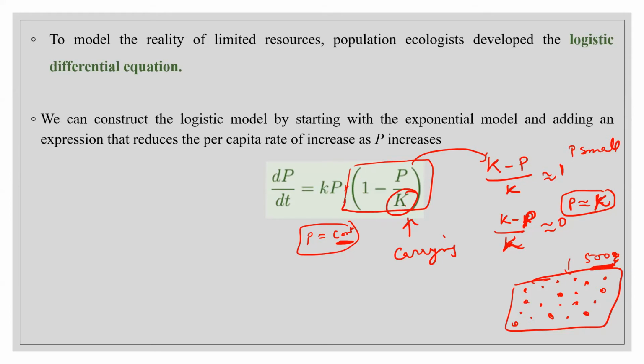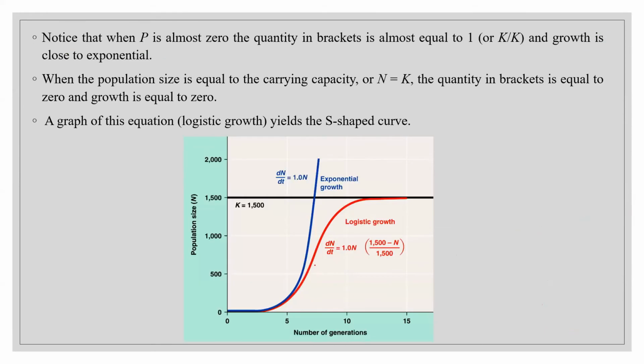So if you see the graph of this logistic growth model, this blue one is for exponential growth and this red one is for logistic growth. You can see that initially when the population was small, it was like exponential growth only. But as the population starts increasing, the growth rate becomes slow, and now it is limiting at this point, because I have set my carrying capacity as 1500.